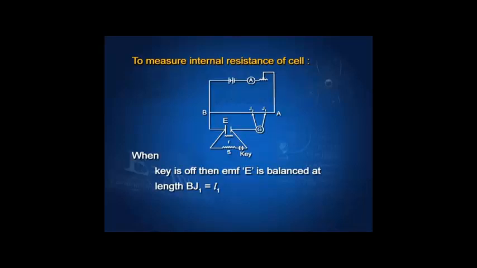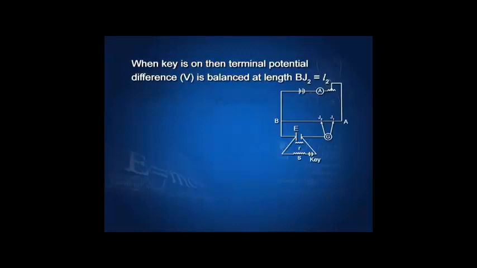When the key is off, the EMF is balanced at length BJ1 equals L1. So, E equals KL1. When the key is on, the terminal potential difference V is balanced at length BJ2 equals L2. So, V equals KL2.